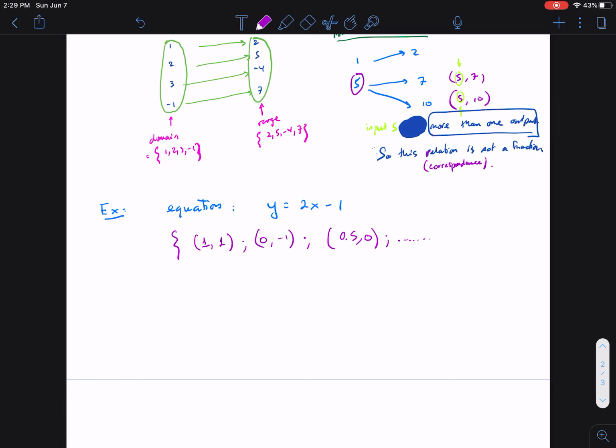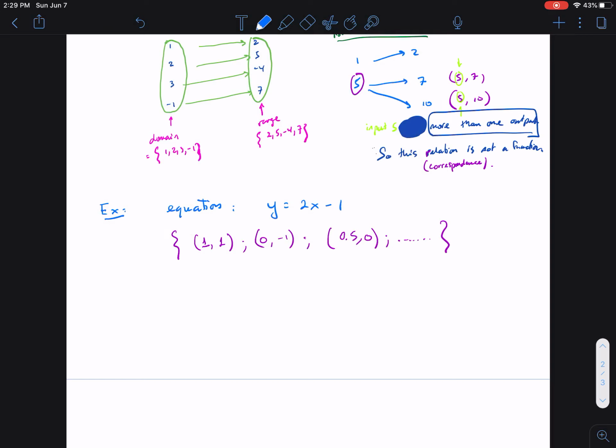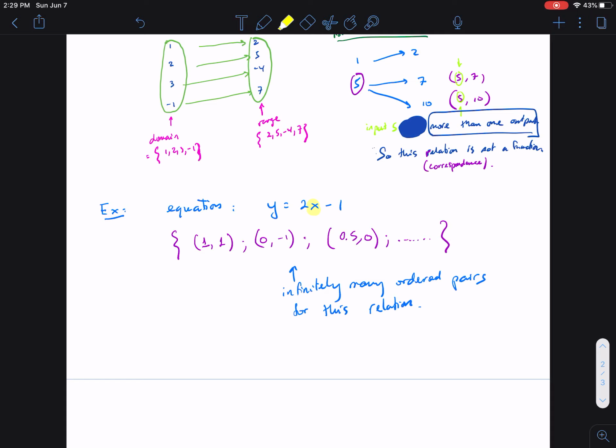Well, can we list all the ordered pairs for this equation? It turns out there are infinitely many ordered pairs for this relation or correspondence. In other words, this equation describes how x relates to y.